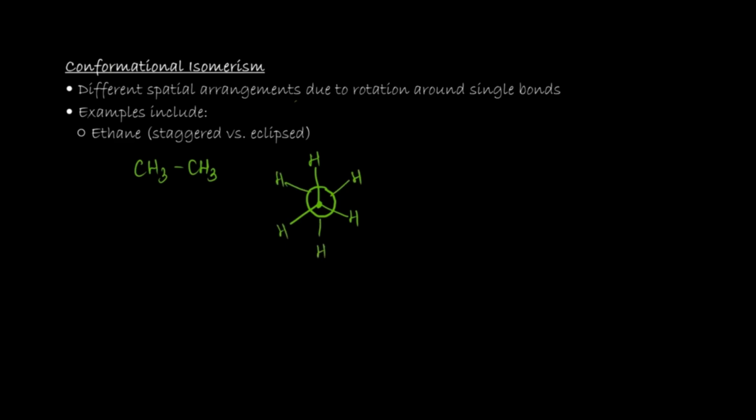There are two types of arrangements for these conformations. I mean, there are two types of conformations we can have for ethane. One is staggered, another one is eclipsed. This conformation is called staggered, and the eclipsed will look like this, where the dihedral angle between the atoms will be very, very less compared to staggered.